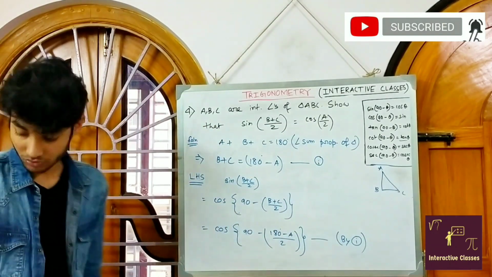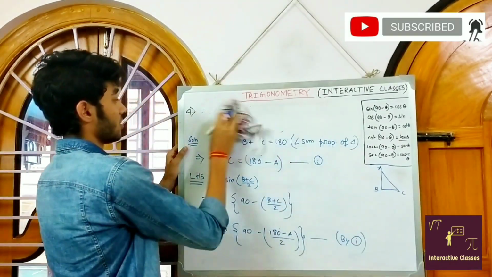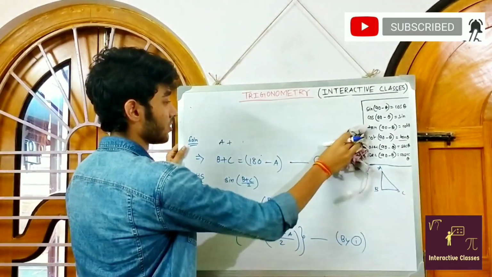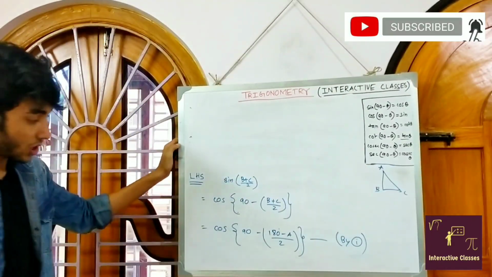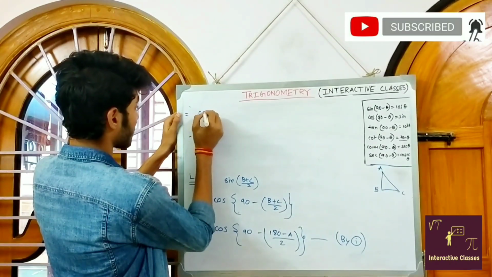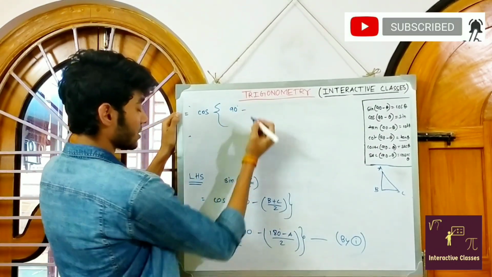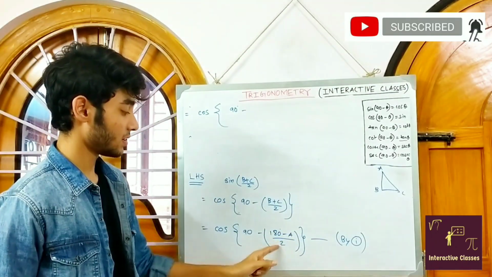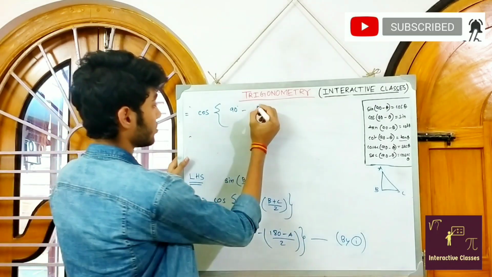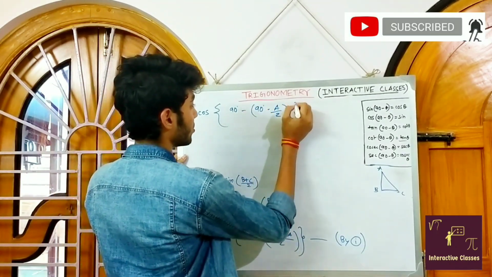Now if we do the first part separately, because there is no space over here, cos 90 minus 180 degree minus A by 2 is nothing but 90 minus A by 2.